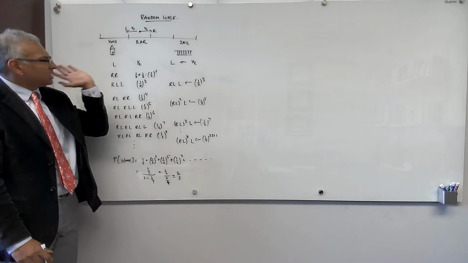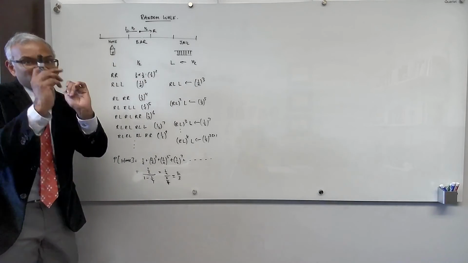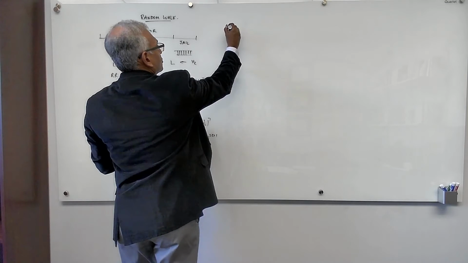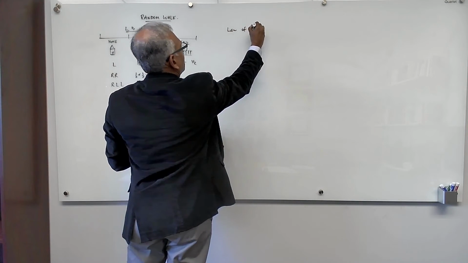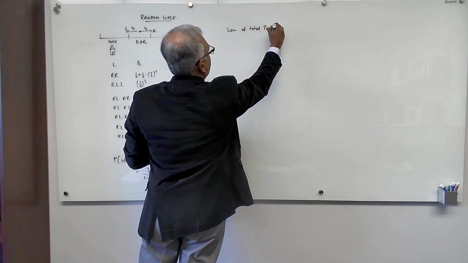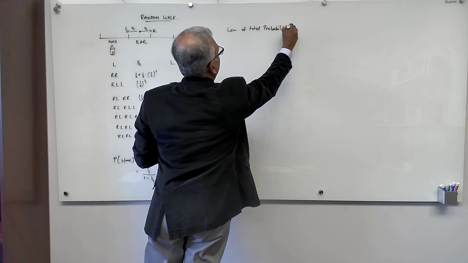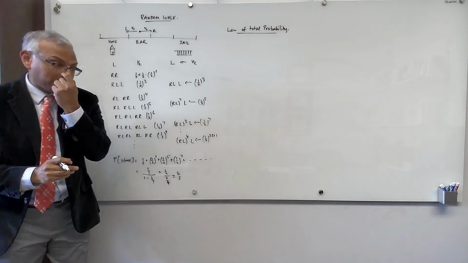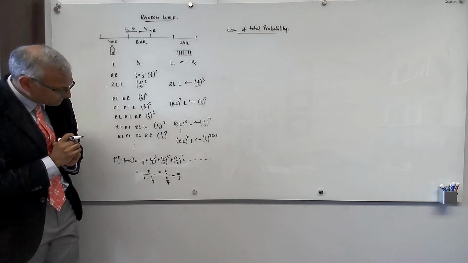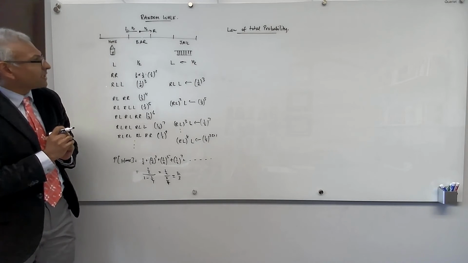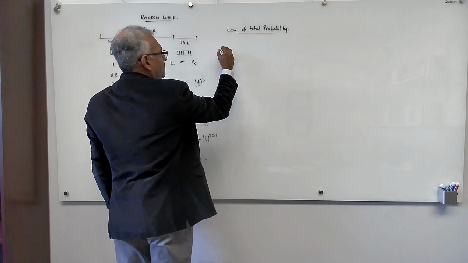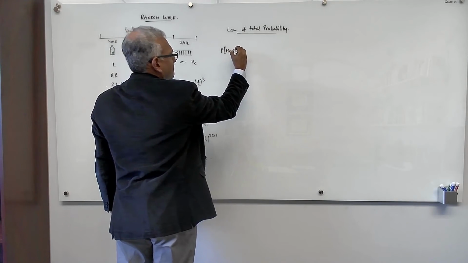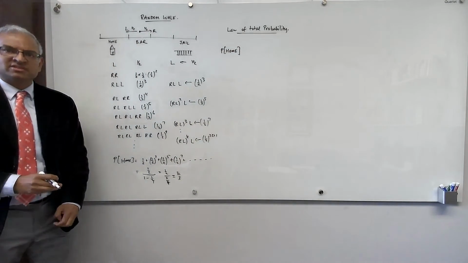Now let me show you another way to get this same answer, but using the law of total probability. We can say that the probability to make it home... The law of total probability says break it into cases.